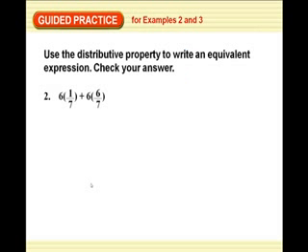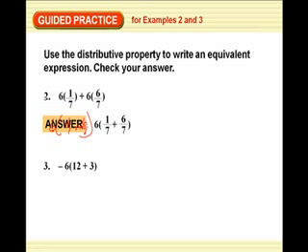Use the distributive property to write an equivalent expression. Check your answer. Okay, so 6 times, this one is backwards. There's a 6. If you take it out, you can either put it in and take it out. They already had put it in, so we're going to take it out. That's what we did. This one, let's put it in.